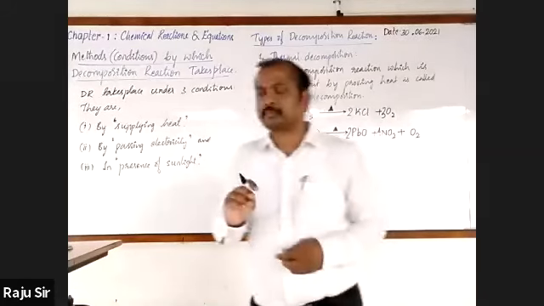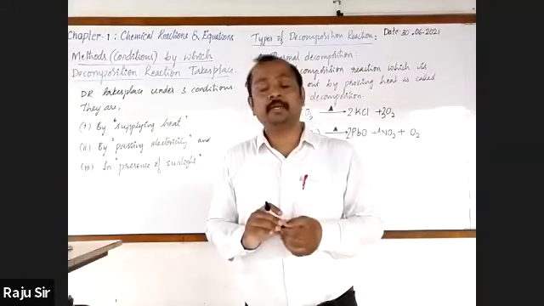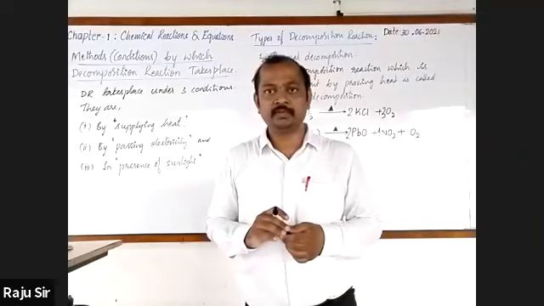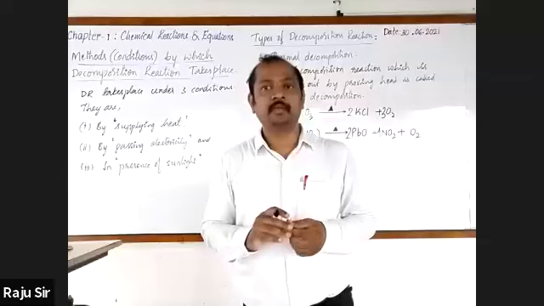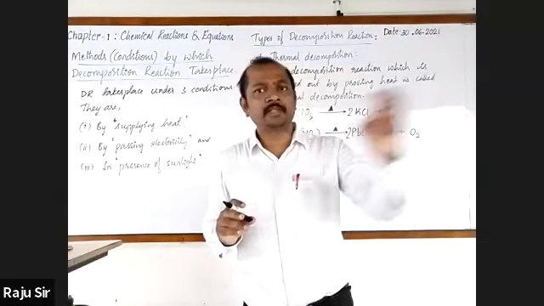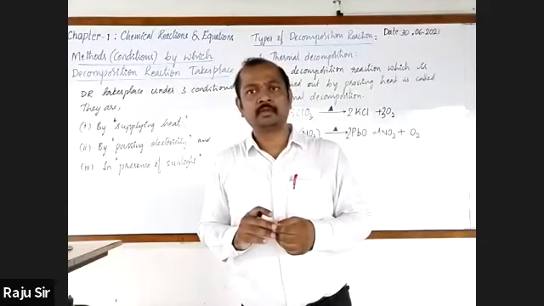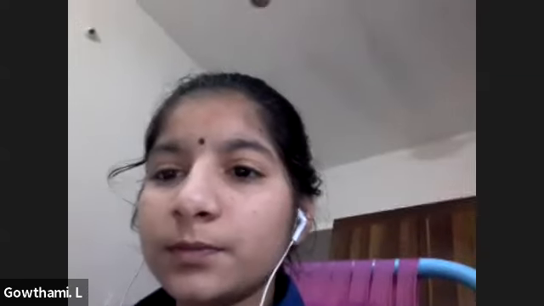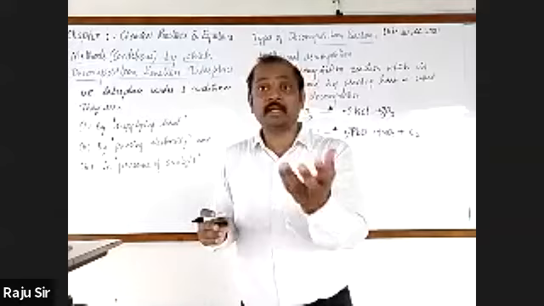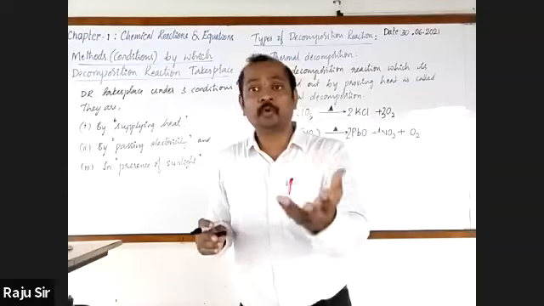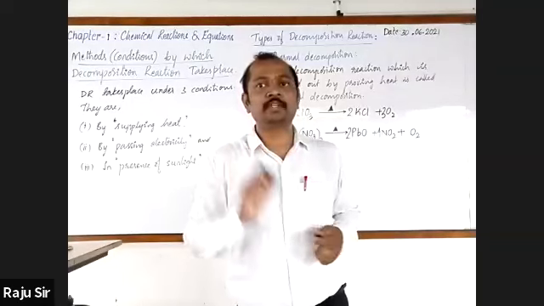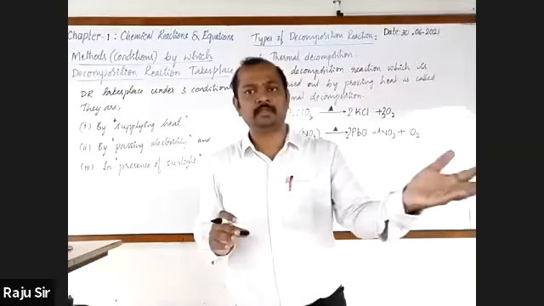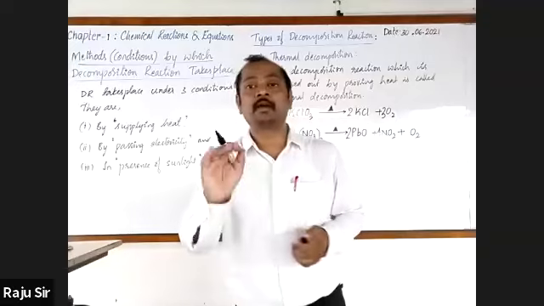Students, you are familiar with the metal called zinc, right? The color of zinc is silvery gray. Is it available as zinc metal in the earth's crust? No, sir. Most metals are available in their ore form. Do you know the ore of zinc, which you learned in your previous class? It is zinc carbonate.